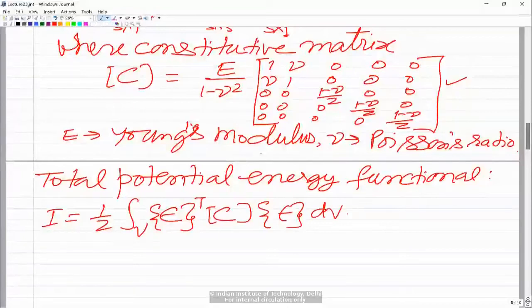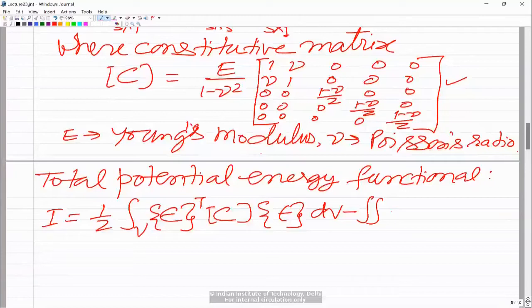Minus, now, if you recall, in the last class I had said that we have only the transverse load. The potential of the transverse load is going to be q dx dy into w. Since we are taking q in the direction of w, the work done is positive and the potential is negative.